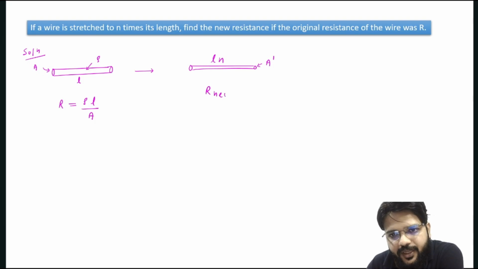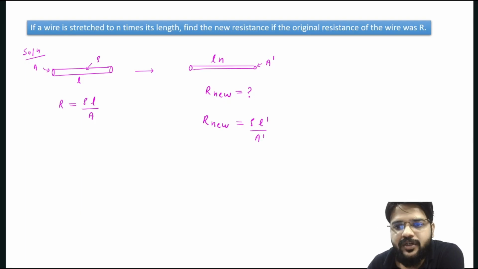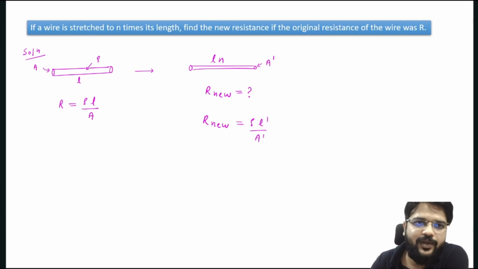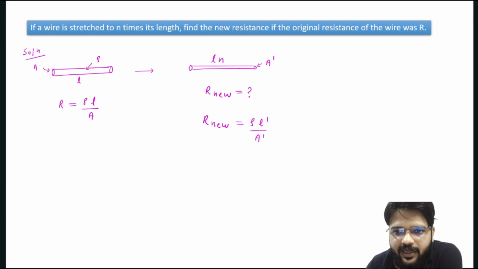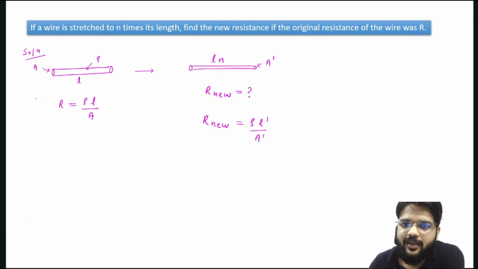So the new resistance can be written as rho L dash by A dash. A dash is the new area, L dash is the new length. So the new length we already know, it is Ln. The old length is L. What about the area? We need to find out the area here. So how will we find this area?